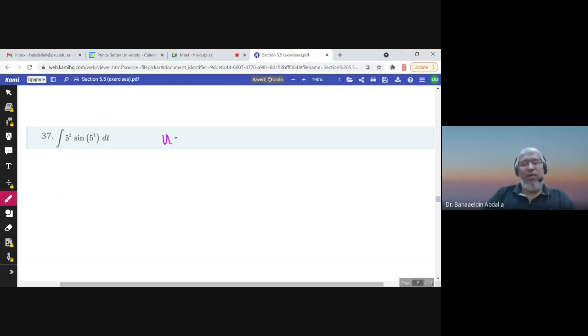Well, u would be 5 to the power t. It's inside sine. Du, the derivative of 5 to the power t, is 5 to the power t times ln 5 dt. So I need ln 5.